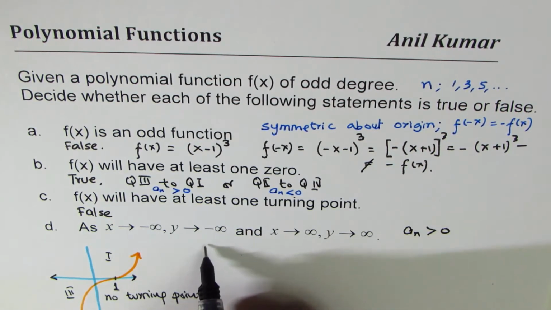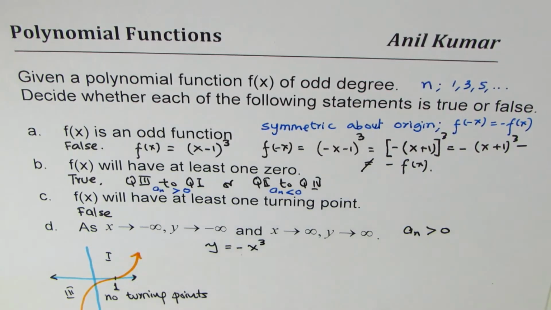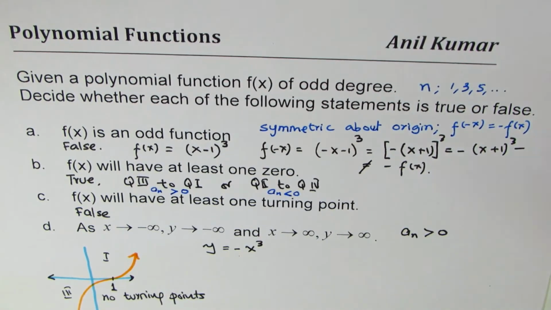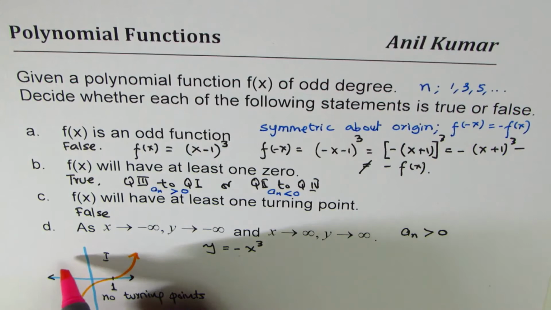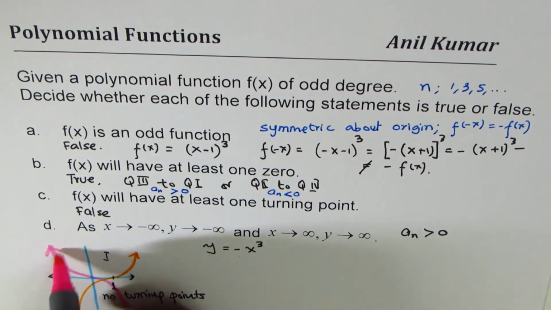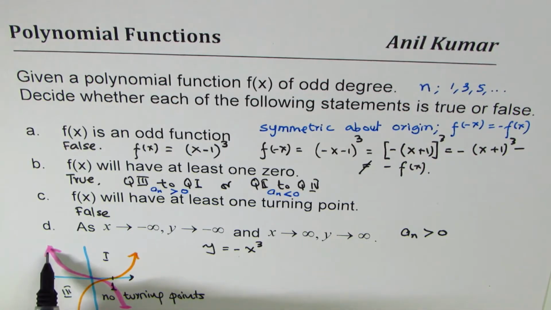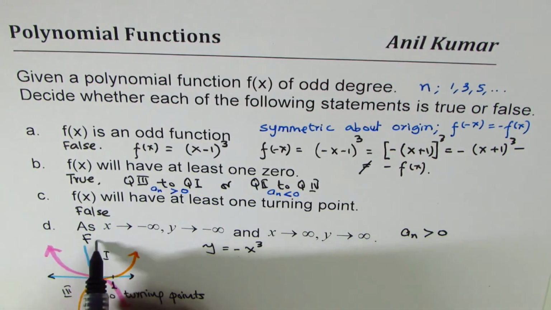If we have a function which is y equals minus x cubed, for example, that will be kind of like this, right? And as you can see here, as x approaches negative infinity, y approaches positive infinity, right? So this statement is also false.